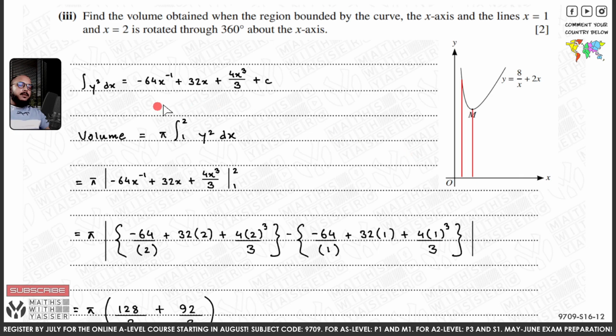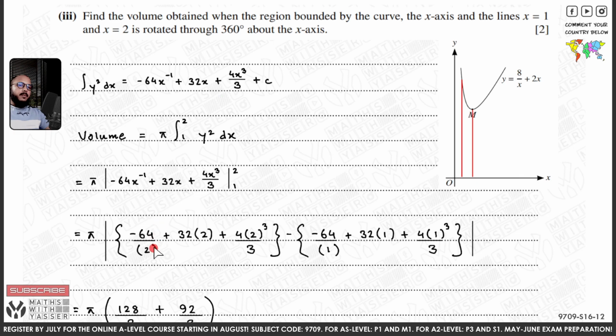Okay. So we found the integration of y squared previously, which was this. And in order to find the volume, the limits will be 2 and 1. So we simply need to substitute the values 2 and 1 into this equation.